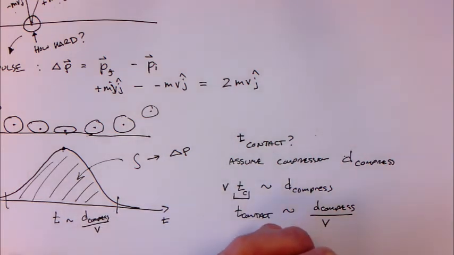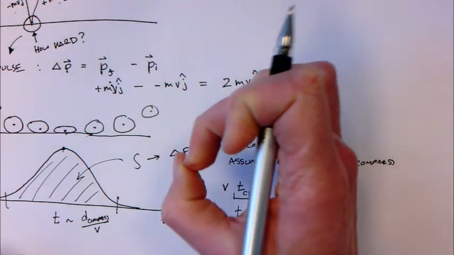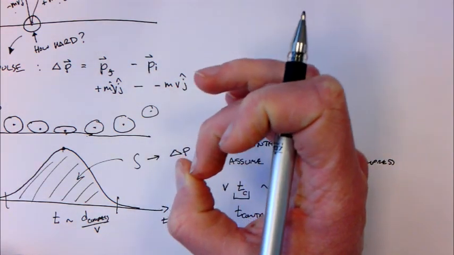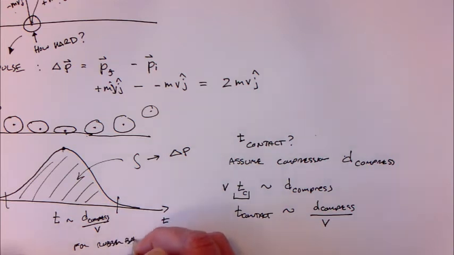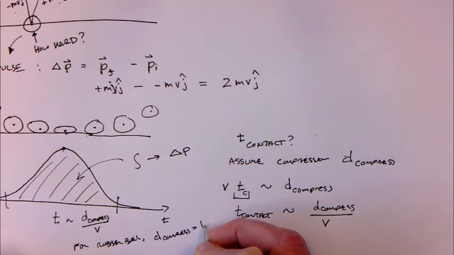So if we think about, say, a soft rubber ball that's about yay big, maybe the compression distance is 1 centimeter. So for a rubber ball, the compression is 1 centimeter, and the velocity is maybe 10 meters per second.